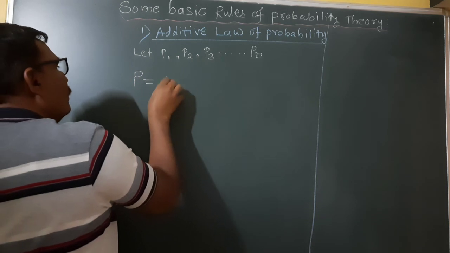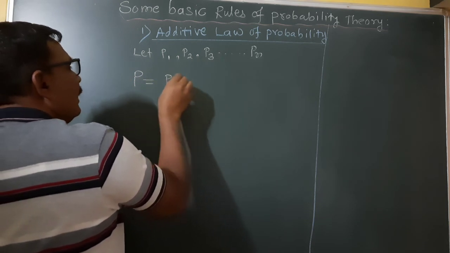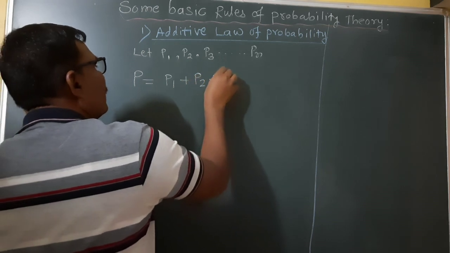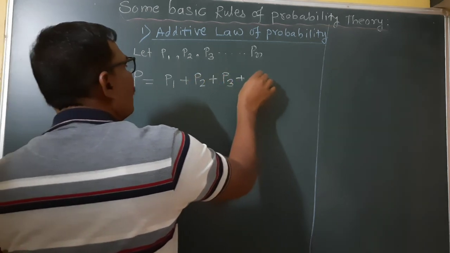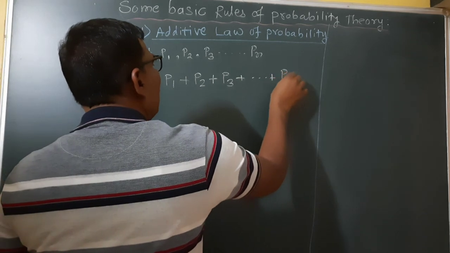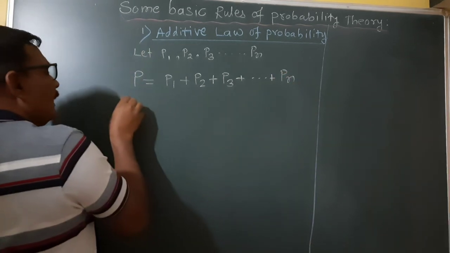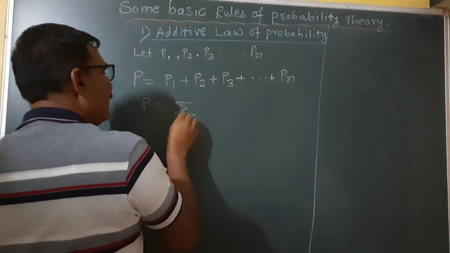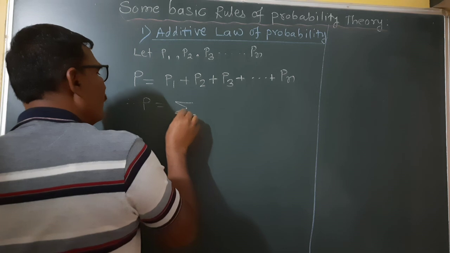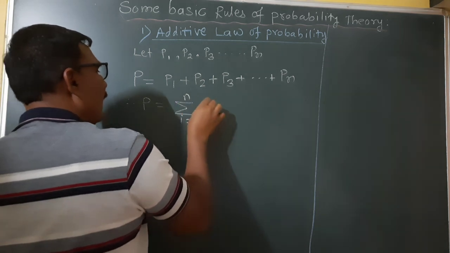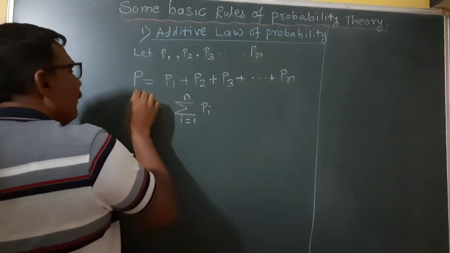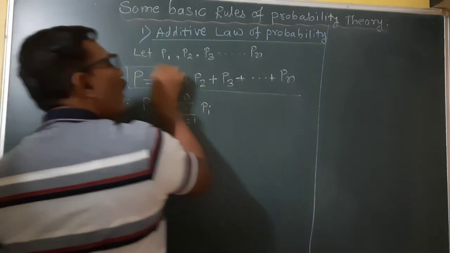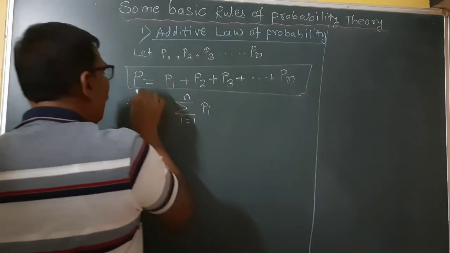P is equal to the sum of probabilities, that is P is equal to P1 plus P2 plus P3 plus up to Pn, and finally this can be written as P is equal to the summation of i equals 1 to n of Pi.